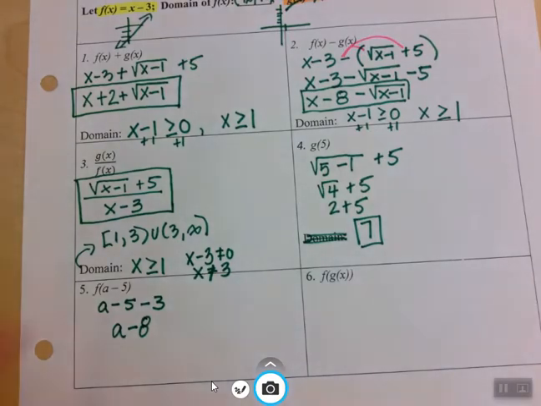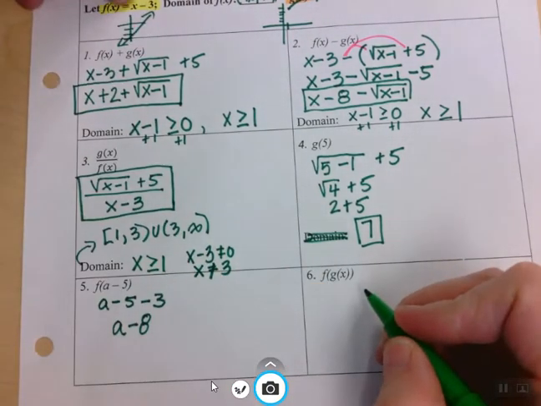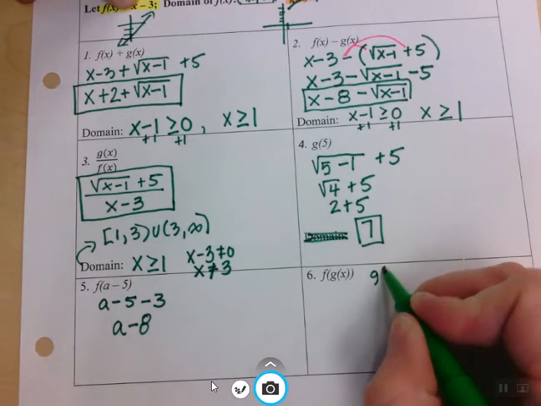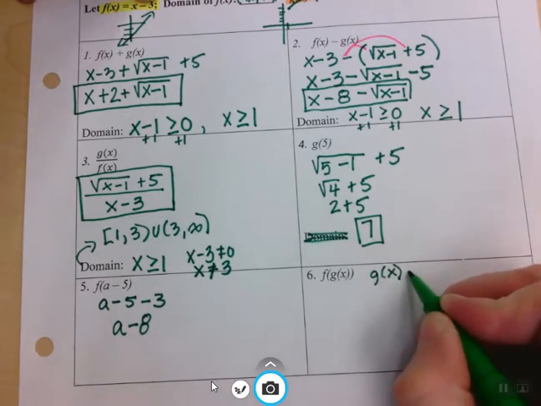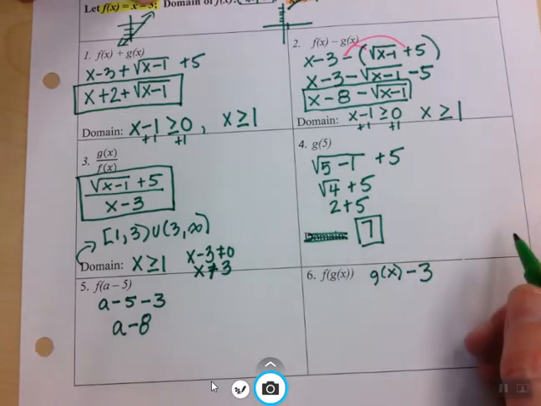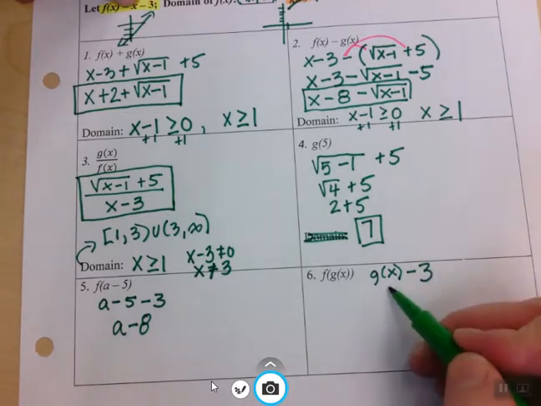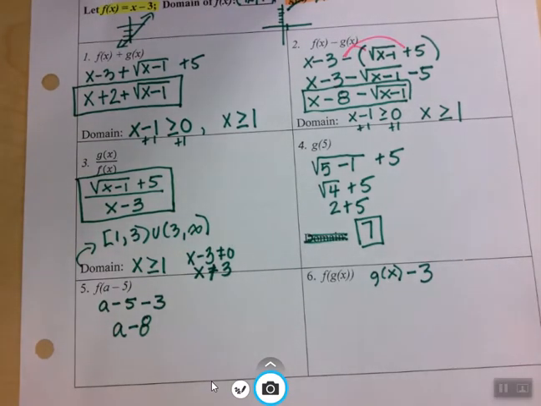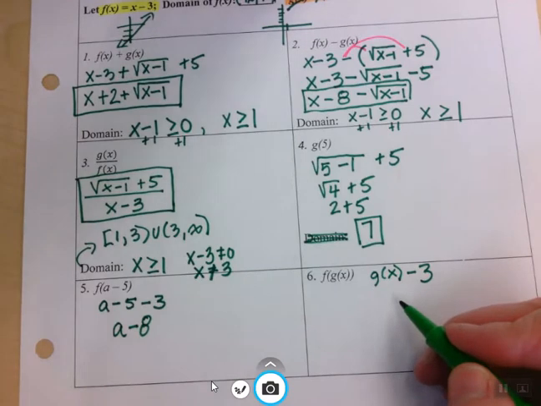Okay, so f of g of x means that you're going to replace the x with g of x. So instead of x, you write g of x, and then you write minus 3. So instead of the x, I wrote g of x. Now g of x is this function. So in the next step, you replace g of x with this function.